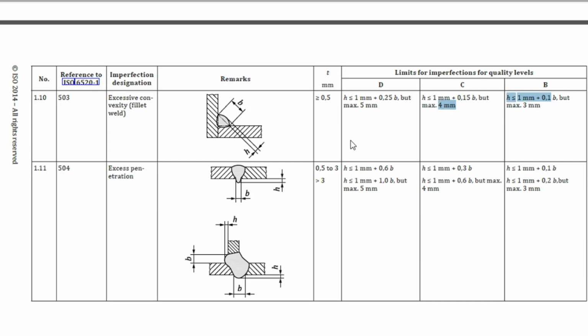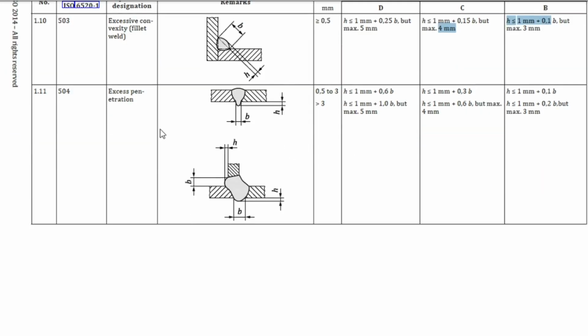Another thing is excess penetration. During welding, the penetration is excessive. How much excessive penetration is acceptable is discussed here. b is the penetration breadth and h is the height.